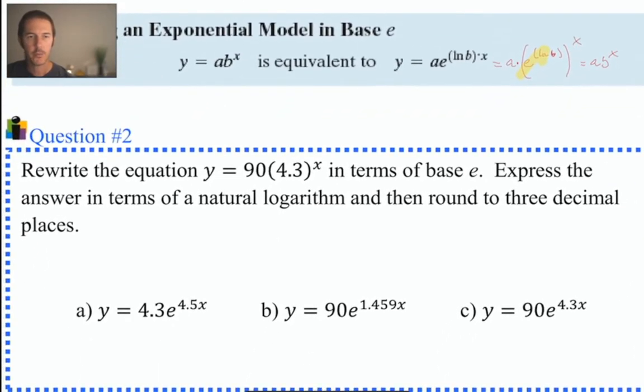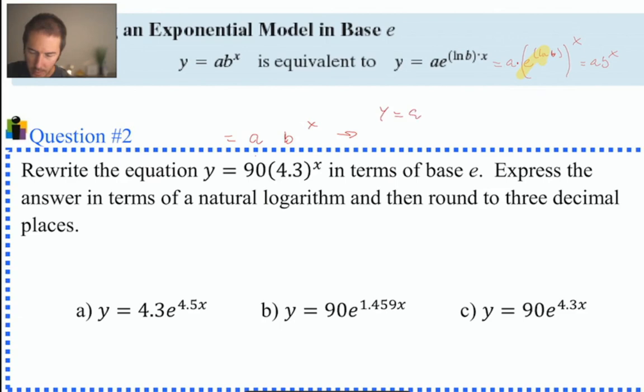All right, so now let's see what this example problem requests of us. We're being asked to rewrite this equation in terms of base e. Great, so all we have to do is match up the pieces and make the conversion. My a value is the 90. And my b value is the 4.3. And there's the x. And so let's see.